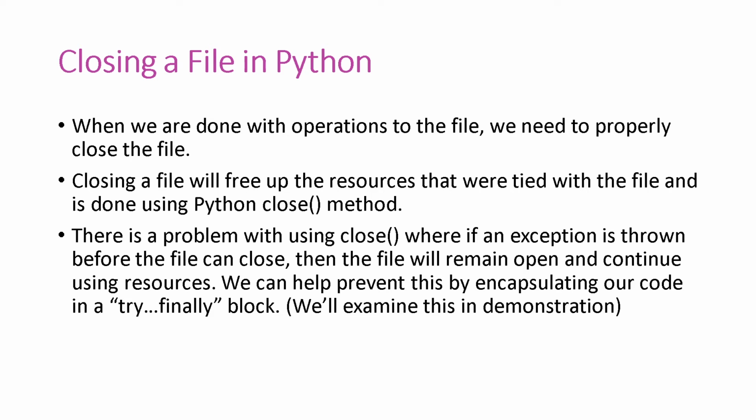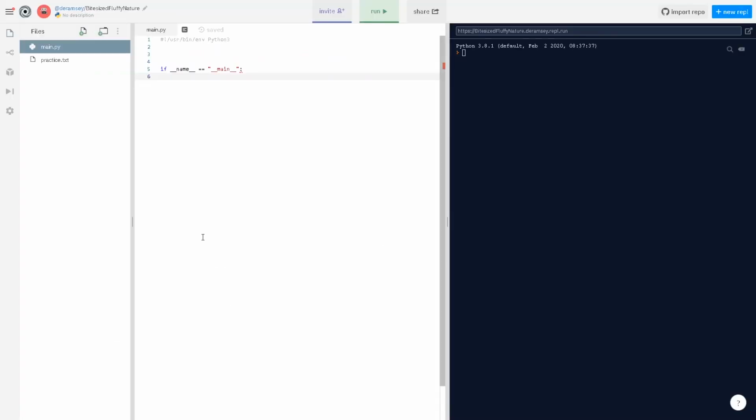In that final bit of code, we can close the file to make sure that it's closed and free up all those resources that are tied to that file. And we're going to examine that in our demonstration. So let's jump over to our demonstration now. I'm in my REPL here.